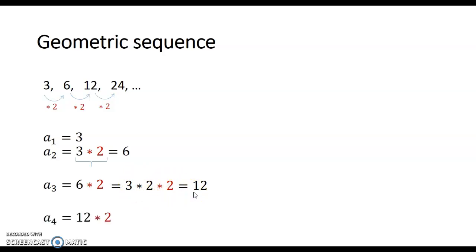Let's continue to do the same with the fourth one. The value 12 is multiplied by 2, and where did the number 12 come from? From this list of values. So it is 3 times 2 times 2 times 2. Now if we study this in detail, how could we write this mathematically shorter?